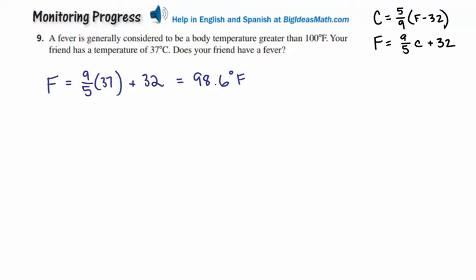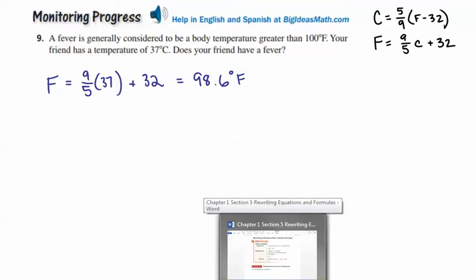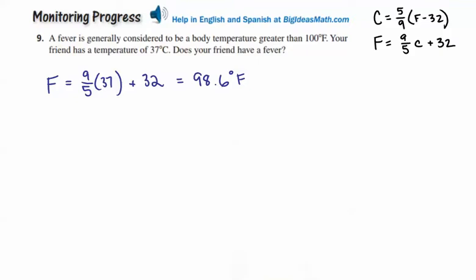Alright, so that's an example of converting using our two formulas listed in black up in the top right hand corner there.